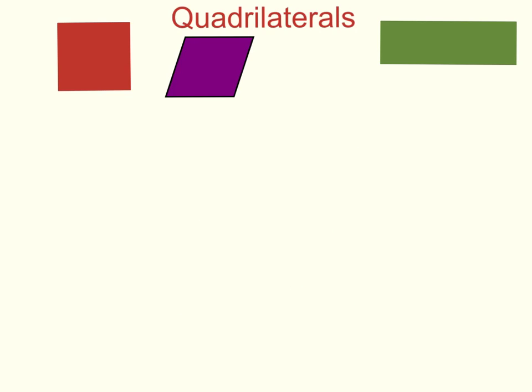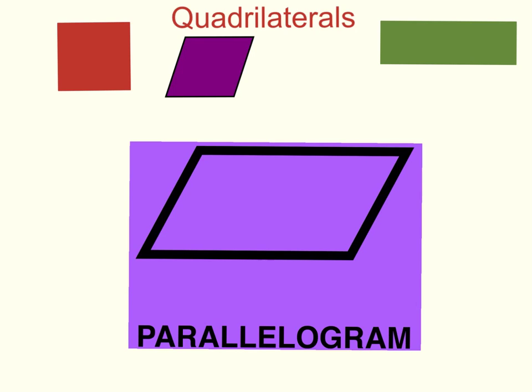The next quadrilateral we're going to talk about is called the parallelogram. A parallelogram has parallel lines there and a second set of parallel lines. So like a rhombus, remember that was our rhombus, it has two sets of parallel lines.